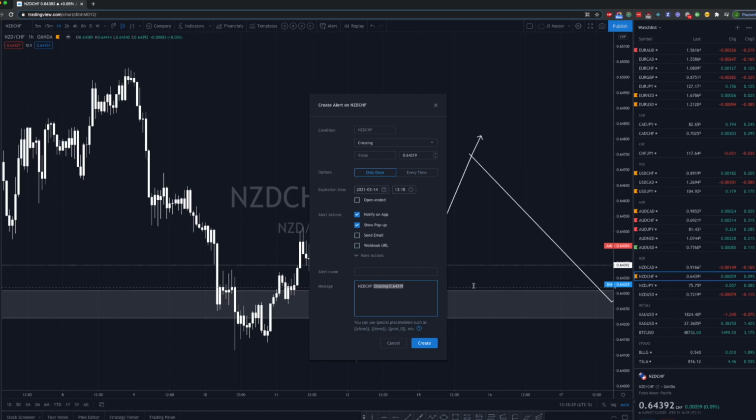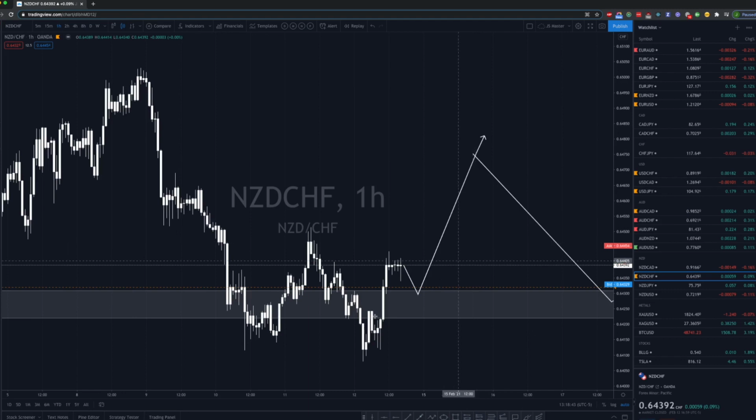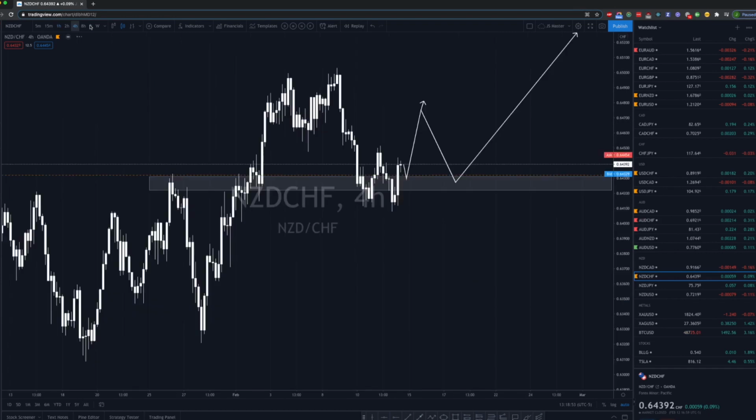Let's just see. Okay, so if that pulls back into this level, I'll keep an eye on it, see what happens. It might actually even pull back into these highs here. I don't know. I'll just keep an eye on it, and if that sets up, then I'll look for long opportunities.